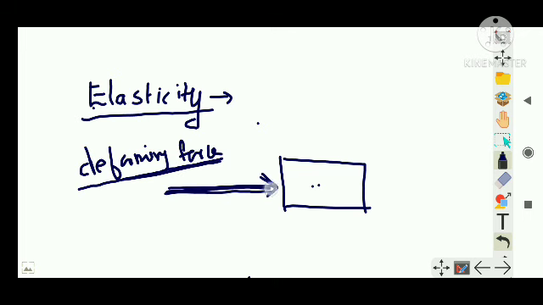So when I apply this deforming force, let's say the object shrinks, that is, its size decreases, and after the removal of this force, if the object regains its original shape, then I would say this object is elastic in nature. And this property of regaining its original size and shape when the deforming force is removed is known as elasticity. Right? And this deformation is called elastic deformation.